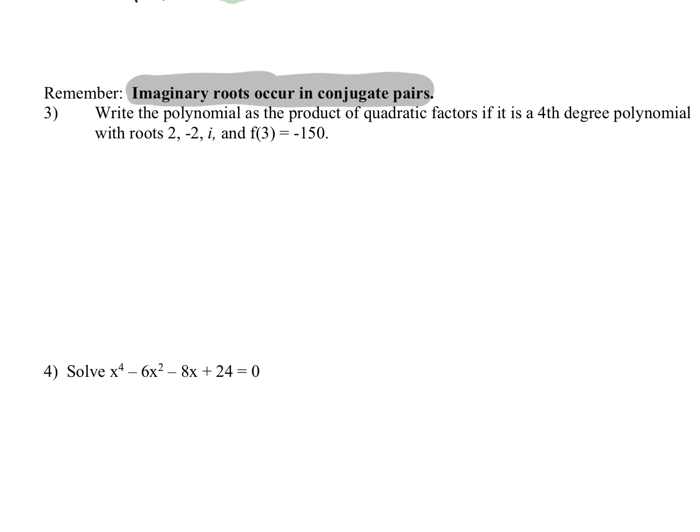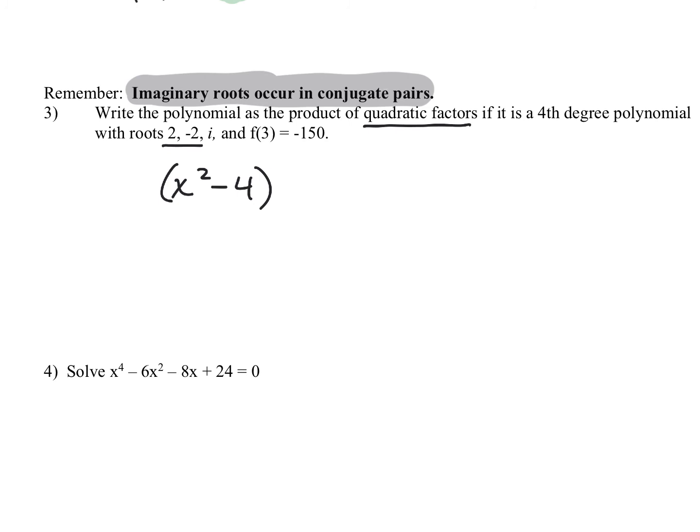So what this means is that we are going to write a polynomial of quadratic factors if it's a fourth degree polynomial. Well, if I have roots of 2 and -2, I know that that would come from x squared minus 4. I could also think about that as x plus 2 times x minus 2, but because I want to write this as quadratic factors, I'm going to use x squared minus 4.